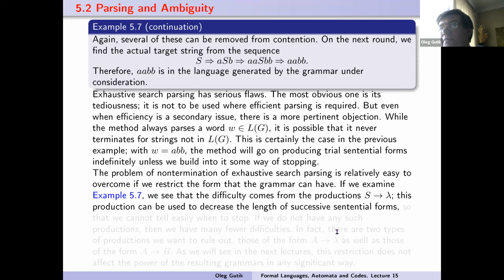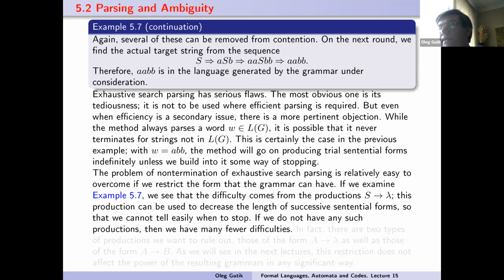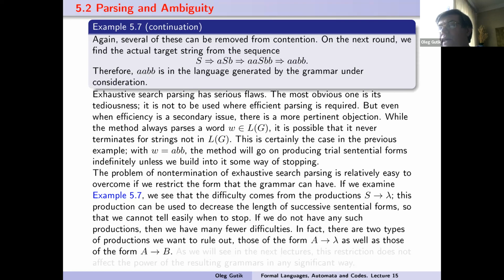This production can be used to decrease the length of successive syntactical forms, so that we cannot tell easily when to stop. If we do not have any such production, then we have many fewer difficulties.